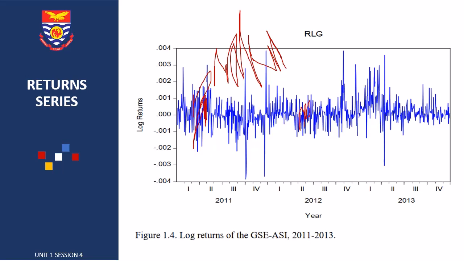So all these areas indicate that they possess volatility clustering. What we are simply saying is that at this place, there was an increase in the return series. Let's say from 0.00 to 0.2 around here.